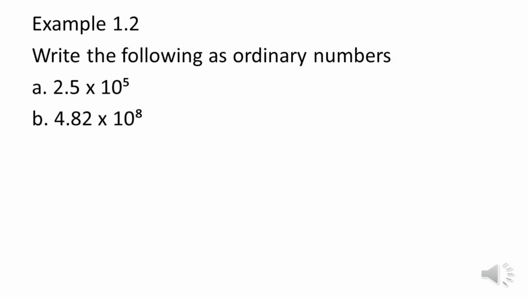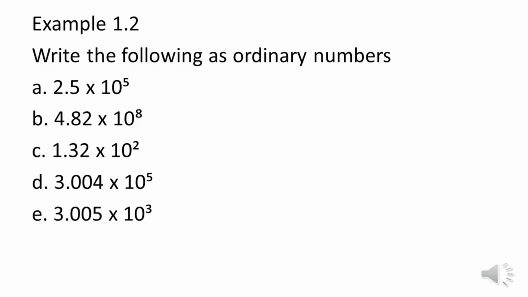A. 2.5 times 10 raised to power 5. B. 4.82 times 10 raised to power 8. C. 1.32 times 10 raised to power 2. D. 3.004 times 10 raised to power 5. E.